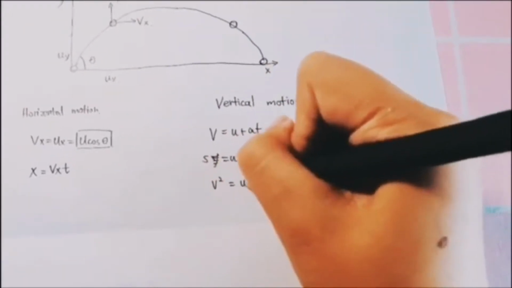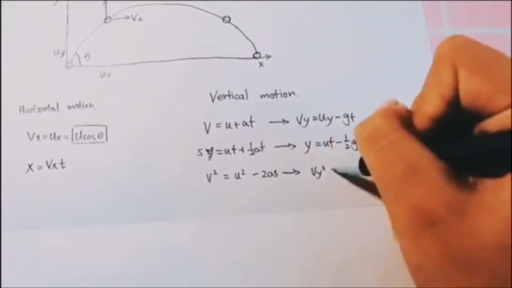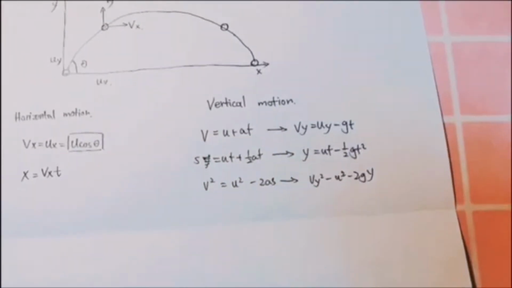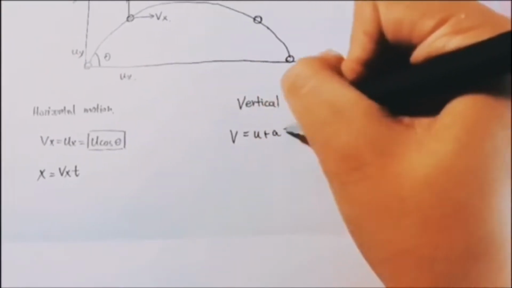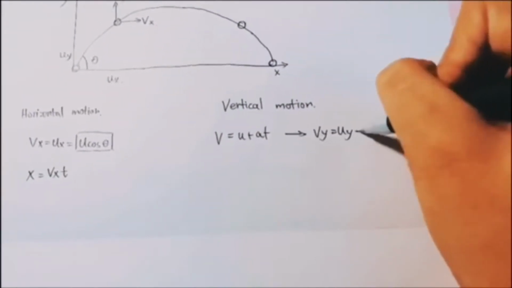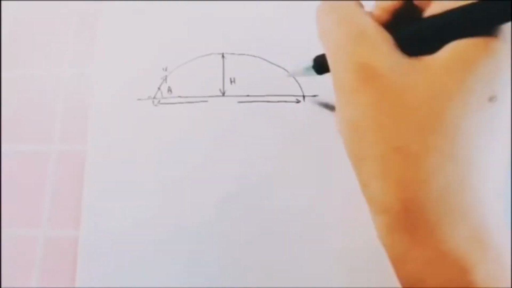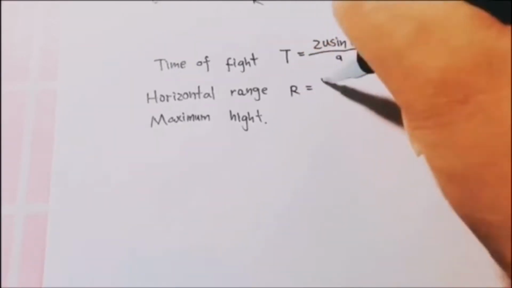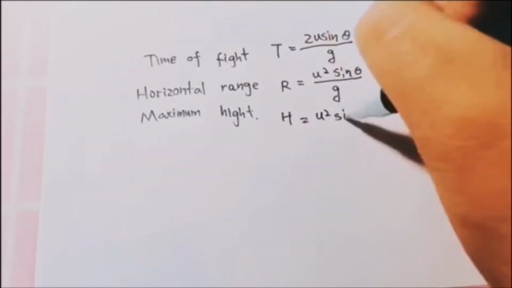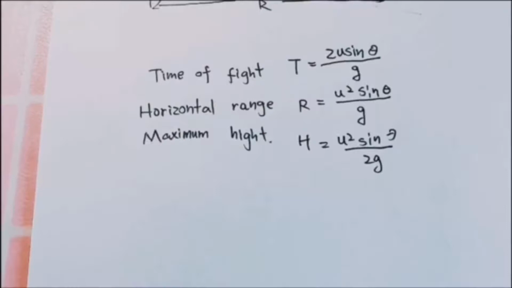The initial vertical velocity is uy equals u sin theta. Finally, we need to remember these three different equations. It's about how to get the time of flight, horizontal range, and maximum height.